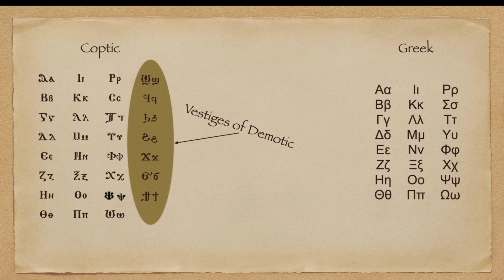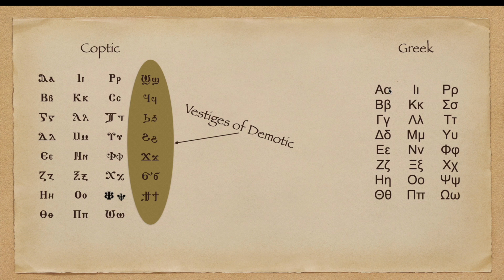So here we have two alphabets, right? On the left, we have the Coptic alphabet, and on the right, we've got the Greek. The reason I did this is just to show that Greek and Coptic have similarities, because whenever I've told people that, they haven't believed me, right?